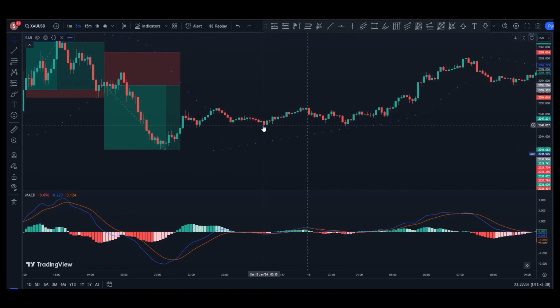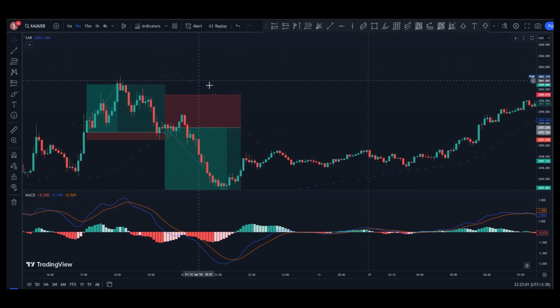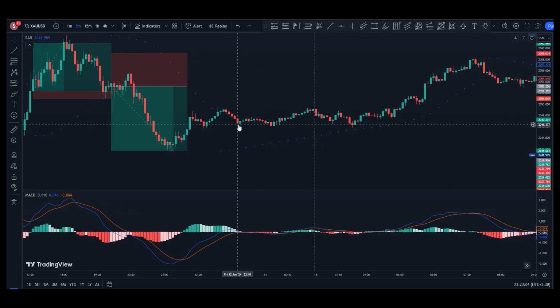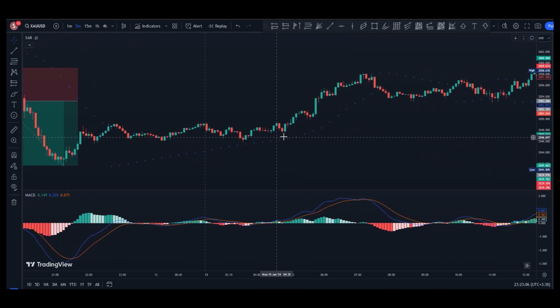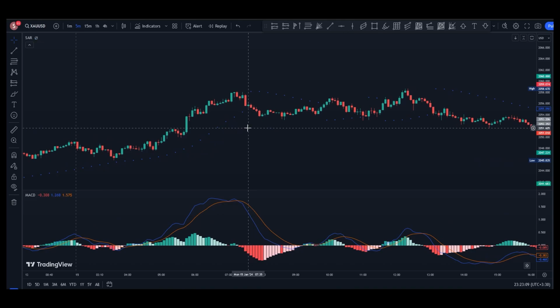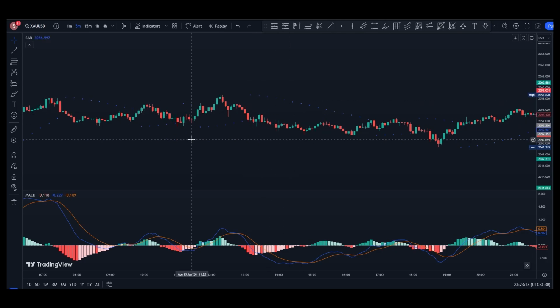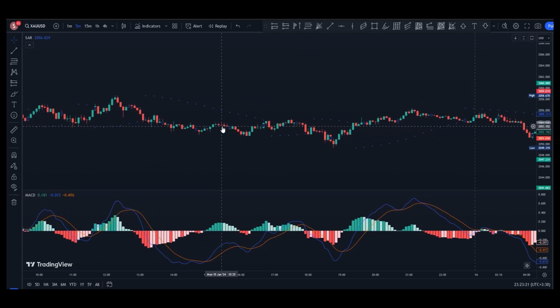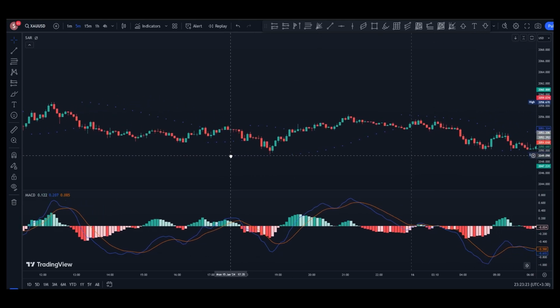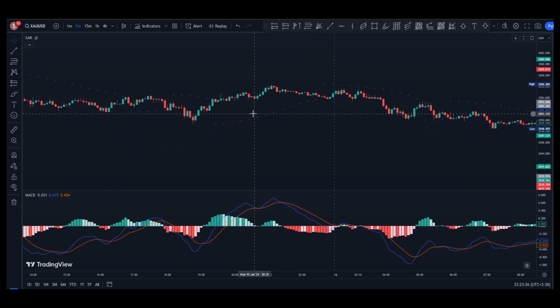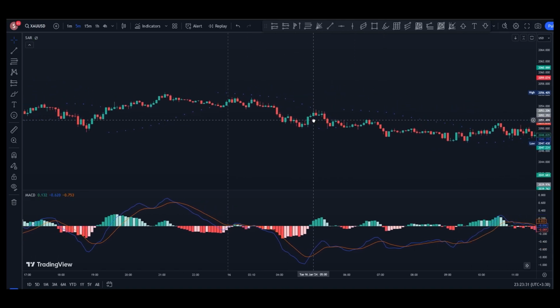Well, that's it. As you see, you can change the setting of this Parabolic SAR and MACD a little and personalize it for yourself, and you can use it. But if you pay attention, as you see, we have too many fails here with Parabolic SAR and MACD, and I don't recommend using any indicator, but if you like it, you can use it for your trades.